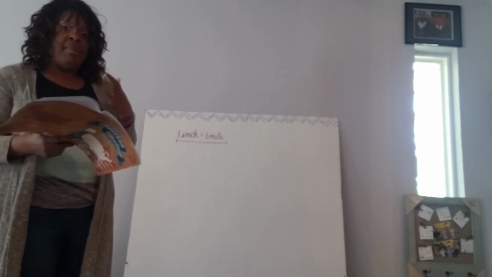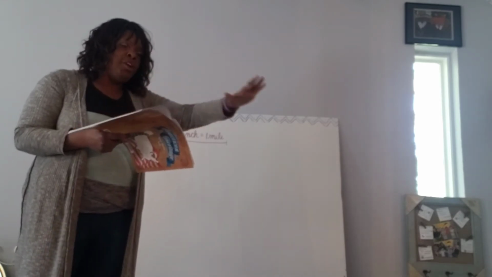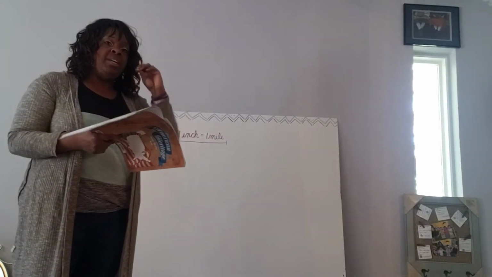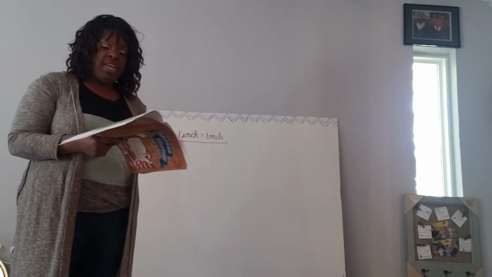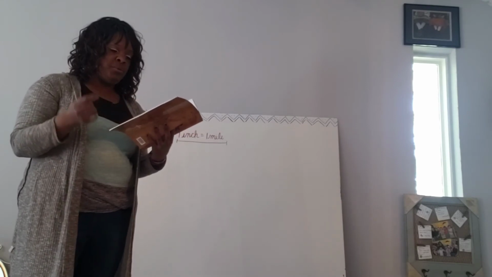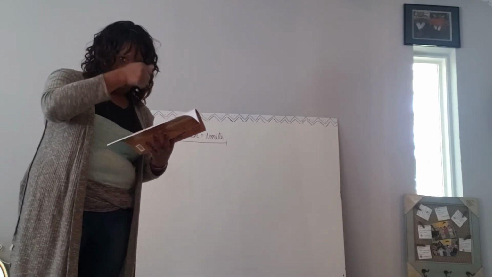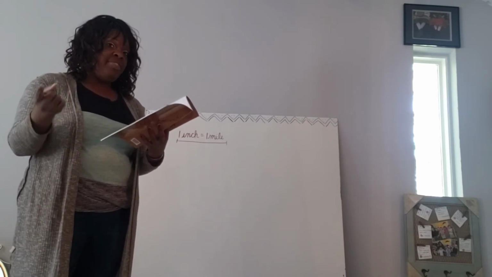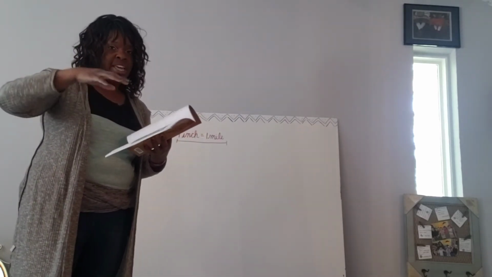But when we have a map that is smaller, especially when it's a map of a larger area, like a huge park or a huge place, we need to understand how far it's going to take us to get somewhere. So when you're looking at map skills 22, you'll see at the bottom it says 1 inch equals 1 mile. So that means when you are measuring from one dot to the next dot, whatever the number of inches there are, that's the number of miles that it would be in reality.